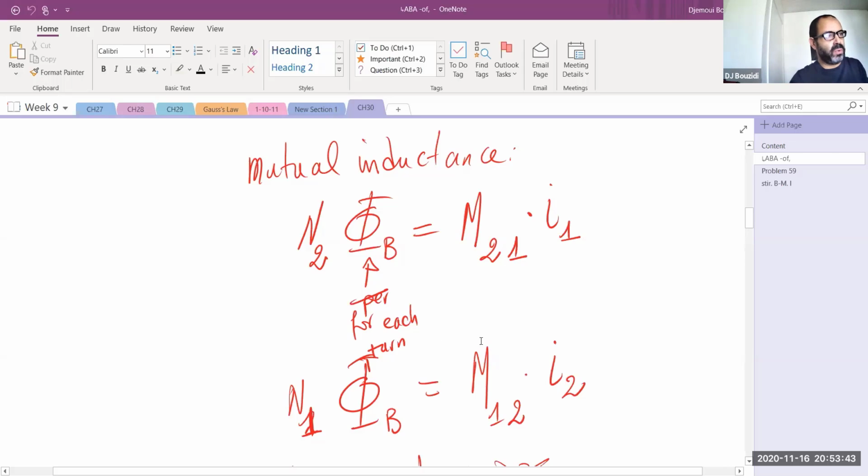I could have defined it backward: if I change the current in the secondary, how much change of flux overall in the primary. Of course, it's going to be the number of turns in the primary times the flux per loop, okay? So the mutual inductance has this expression in here.